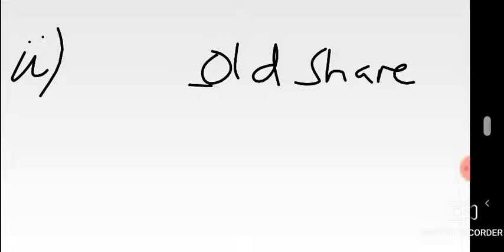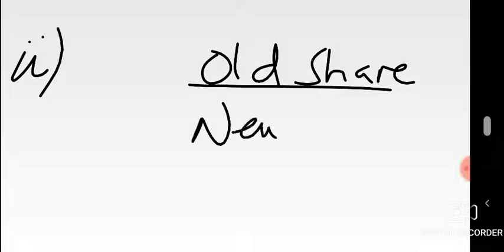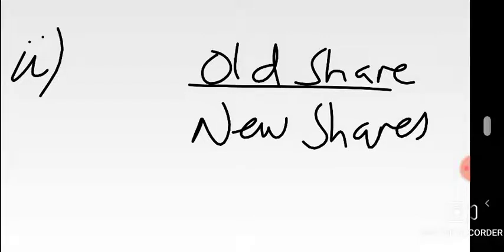How do you get part 2? They ask for the number of rights. How do you get the number of rights? Old shares over new shares. How many old shares are there? Old shares is as good as outstanding.